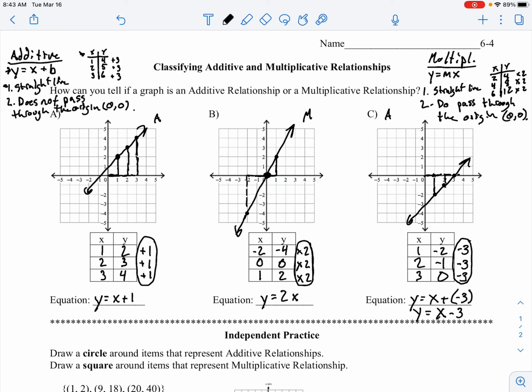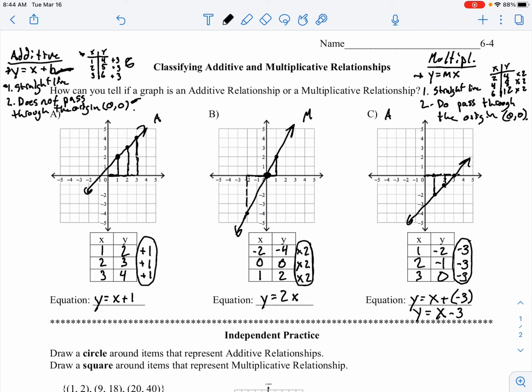So these are the ways we can quickly tell if we have an additive or multiplicative relationship based on graphs, tables, and equations. So just remember, for the equations, additive follows our y equals x plus b form. Or for a table, if we're adding by the same amount every time. Or if we have a graph, then it is a straight line but does not go through the origin.